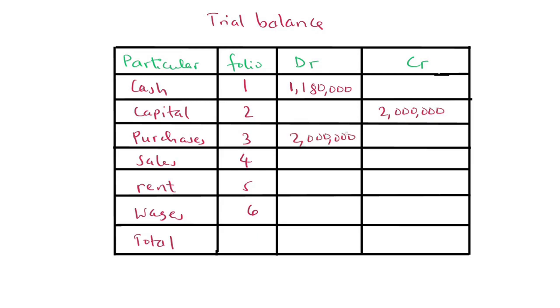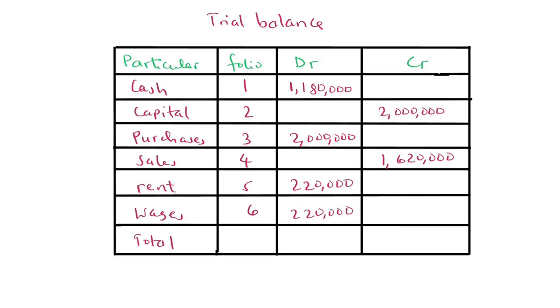The next is sales account with a credit balance of 1,620,000. The next is a rent account with a debit balance of 220,000. The next is wages account with a debit balance of 220,000.